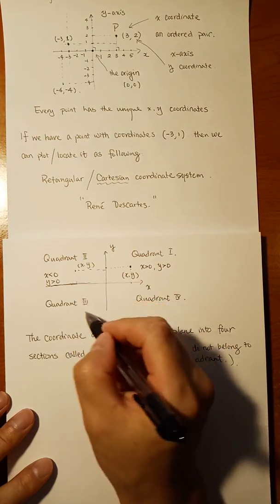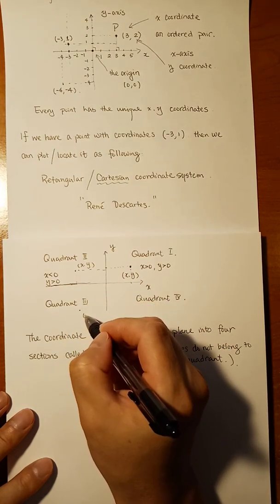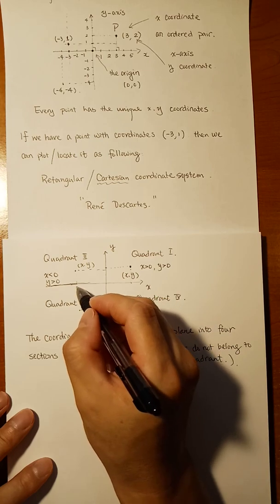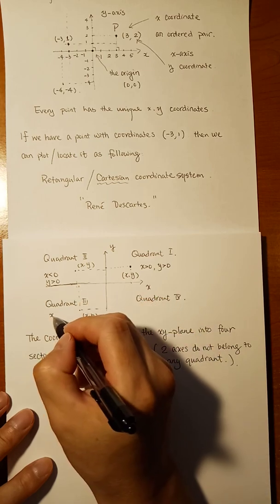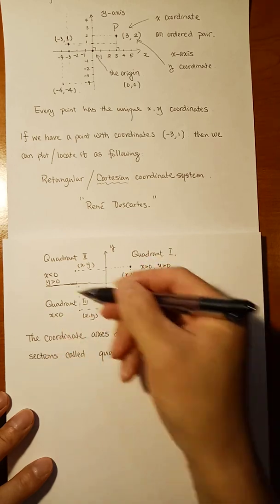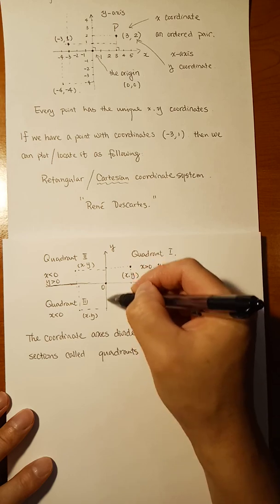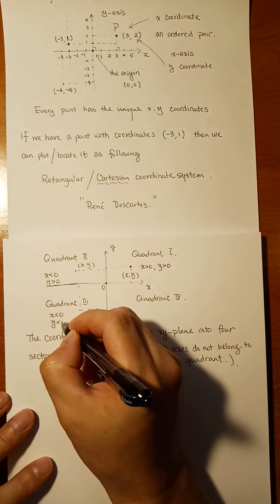In quadrant 3, if you have x and y, it is on the left-hand side, so x is negative. It is below the x-axis, below the 0, so y is negative.